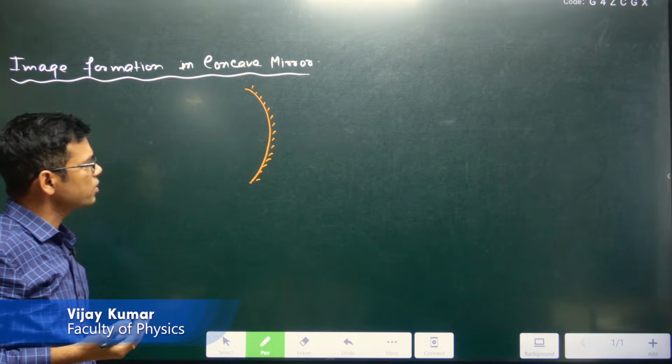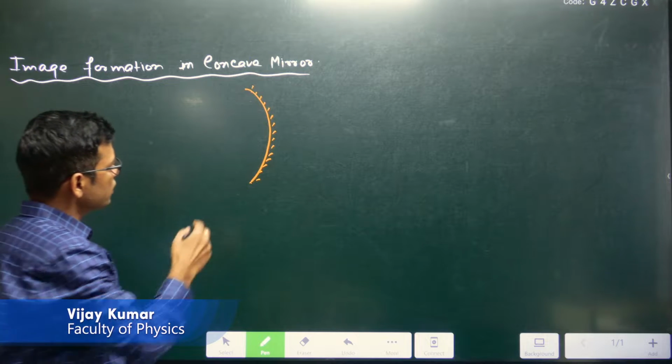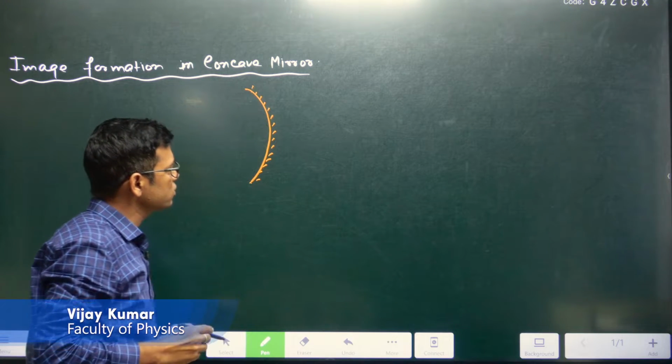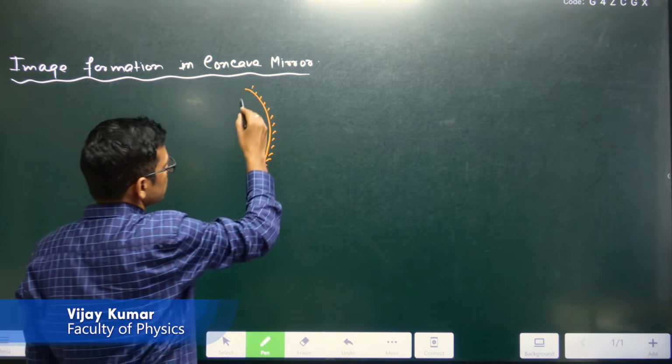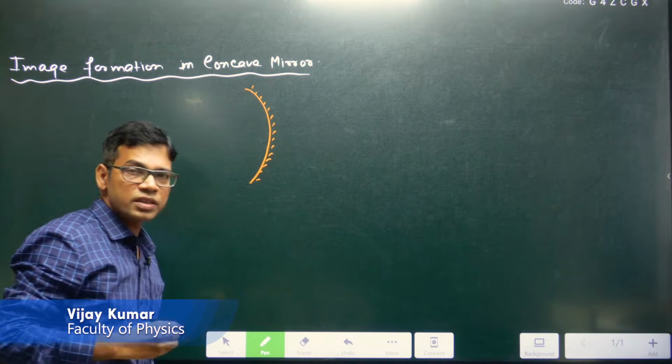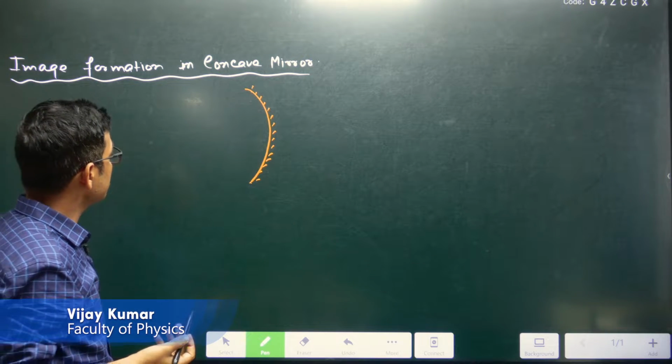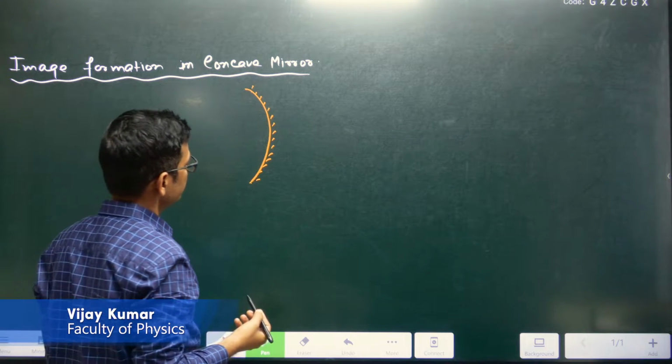So what is the concave mirror? The concave mirror means the reflecting surface is the concave surface.